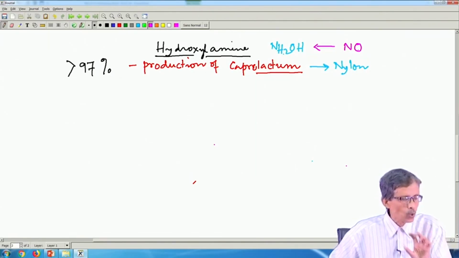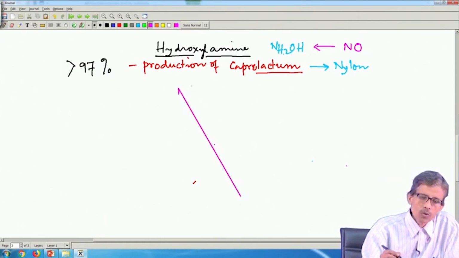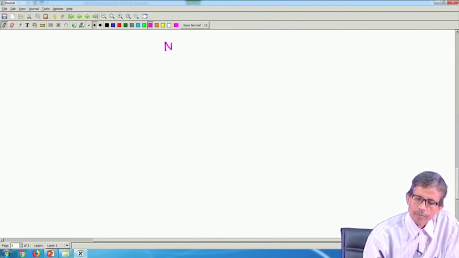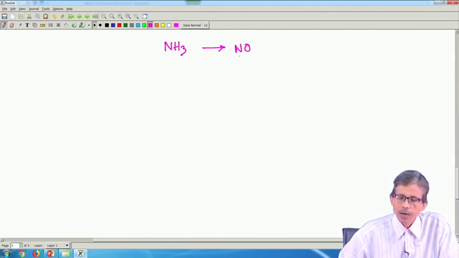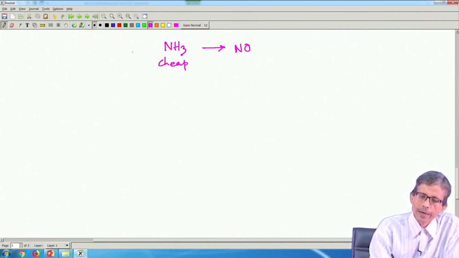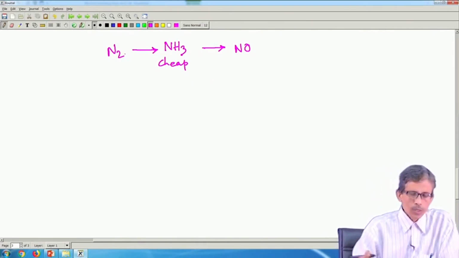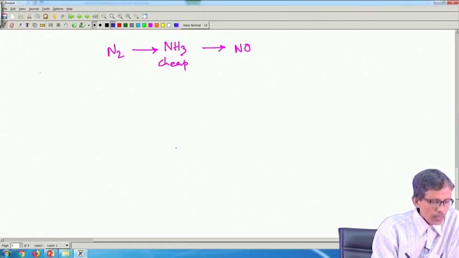So, that should be your clue: if we can have NH3 available, which is cheap and which we all know can be produced from dinitrogen available in air, and if we are able to convert that NH3 to NO, that is a typical oxidation process, then the production of NO is the corresponding route for the production of hydroxylamine.